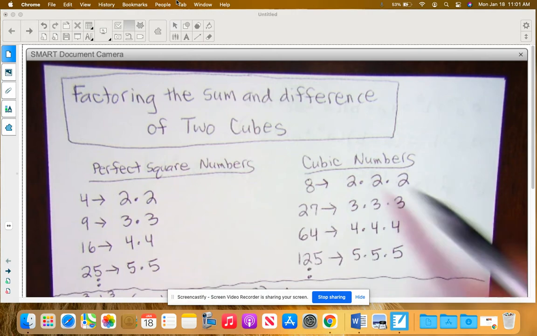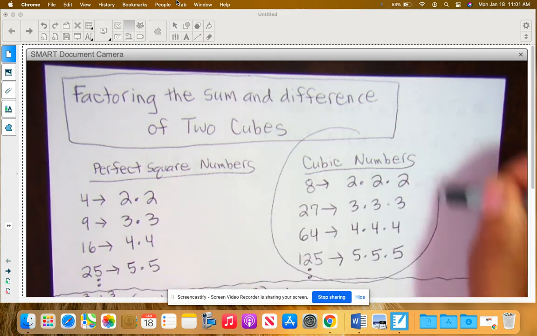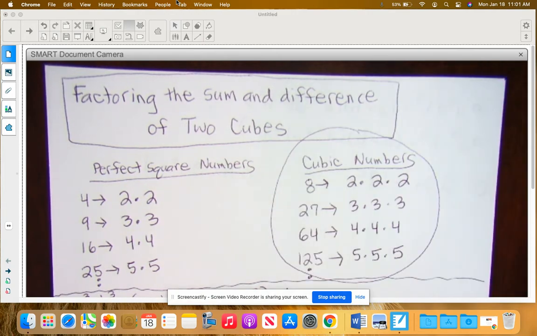Today we're going to be working with this set of numbers. We're going to be recognizing where cubic numbers are and breaking those numbers down to help us factor the sum of two cubes or the difference of two cubes.